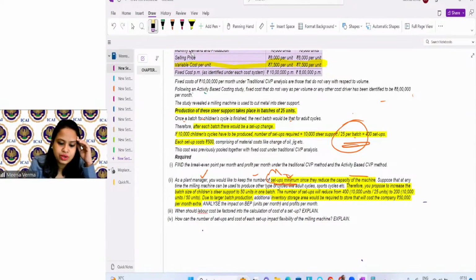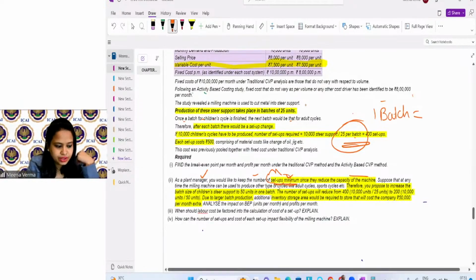How? So here, what happened? In one batch, they had 25 units, so the number of setups was 400. Now what is happening here?